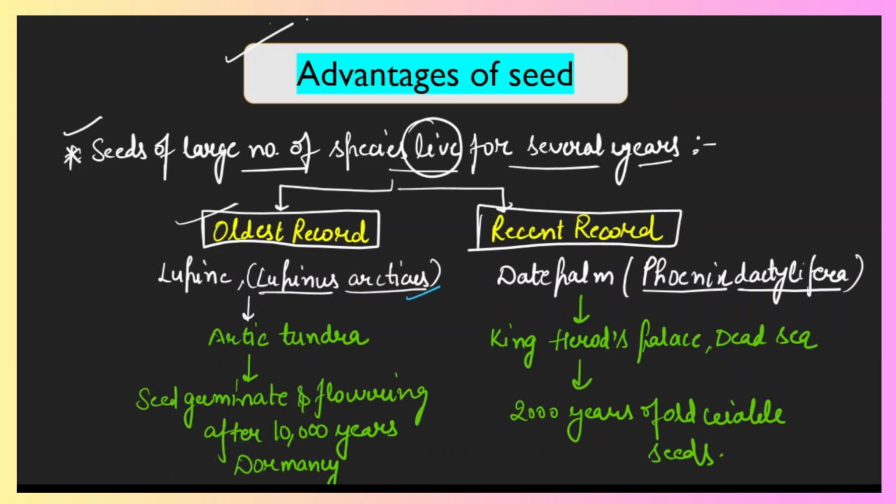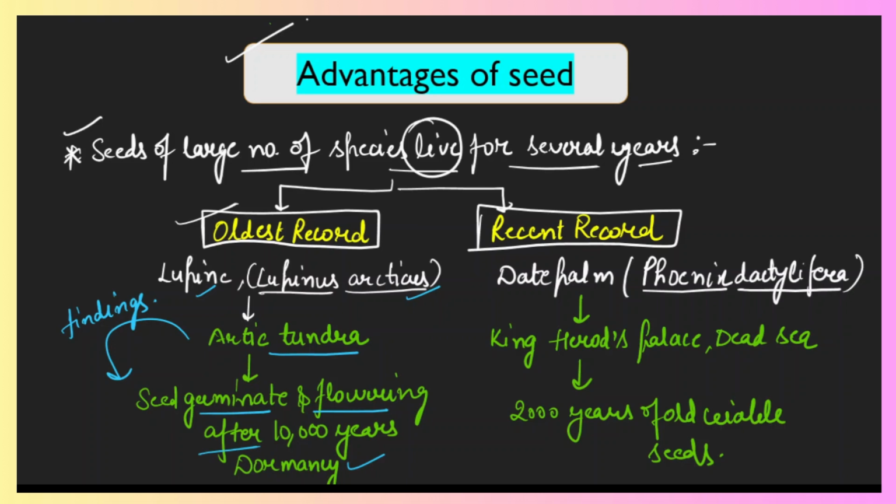Lupine is the common name, and the scientific name is Lupinus arcticus. This plant was excavated from the Arctic tundra, and its seeds germinated and flowered after 10,000 years of dormancy.